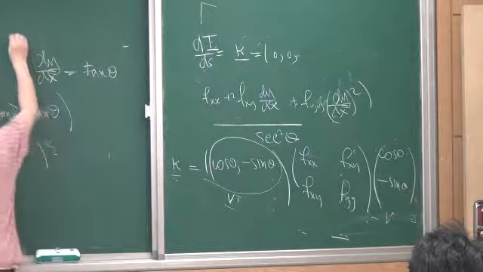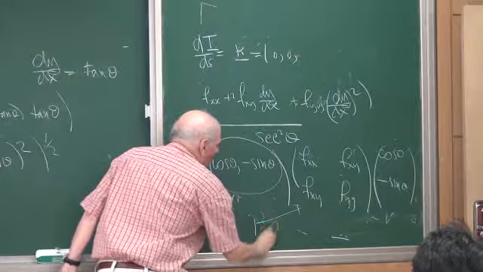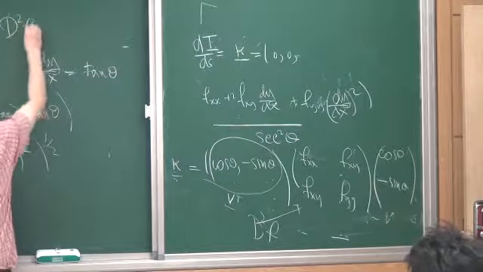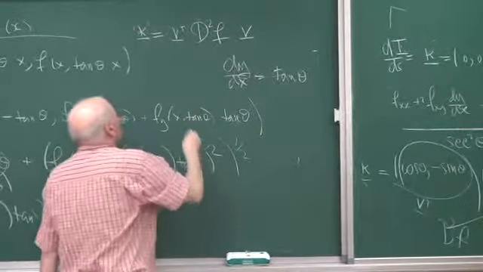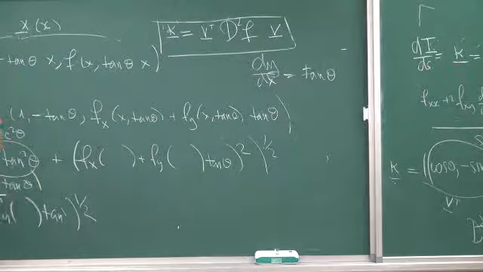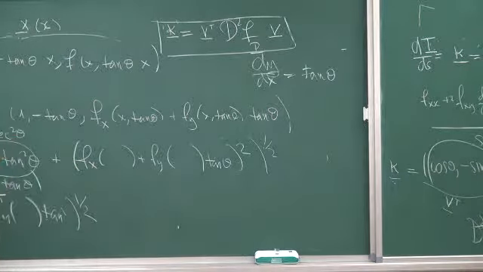This matrix was the Hessian of f, times v. Beautiful formula that says if you want to know the curvature in a direction v, you hit it from the left by v transpose, you hit it from the right by v, you take the Hessian in the other direction. This has to be evaluated at the point P, and that gives us the curvature.